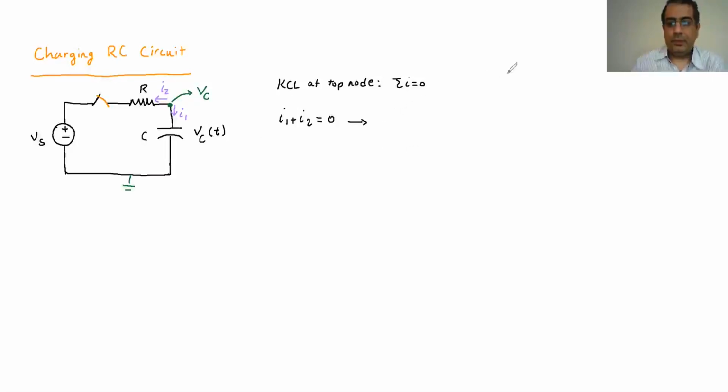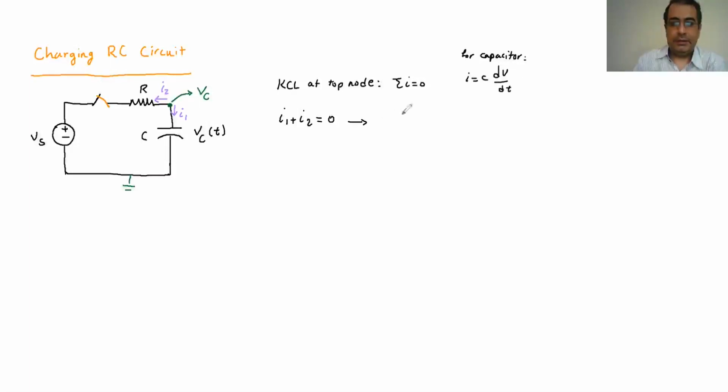For a capacitor, we know that the I is C dV over dt.